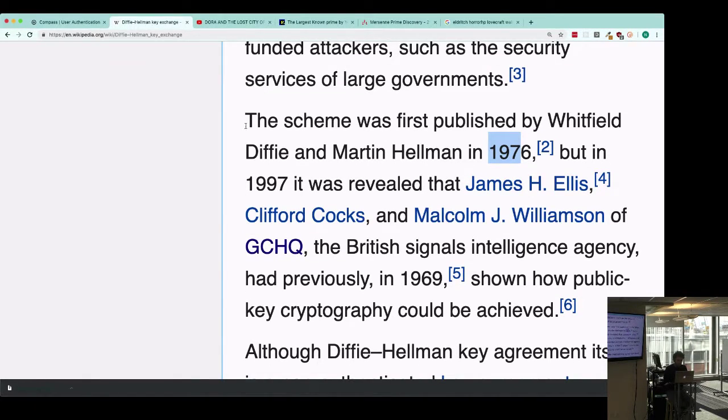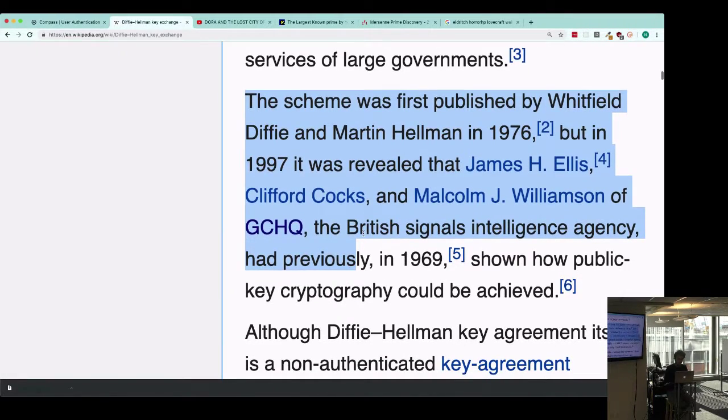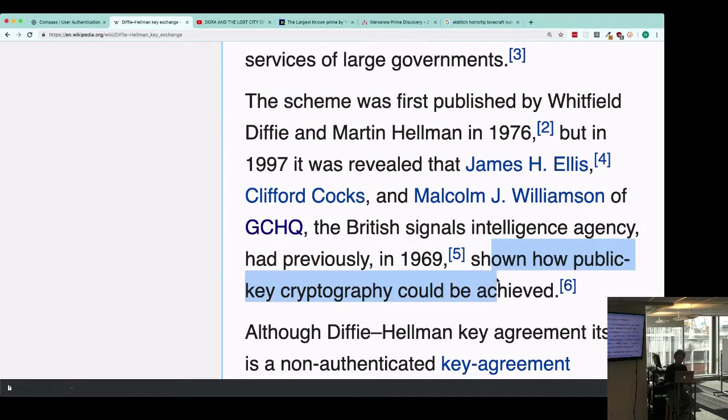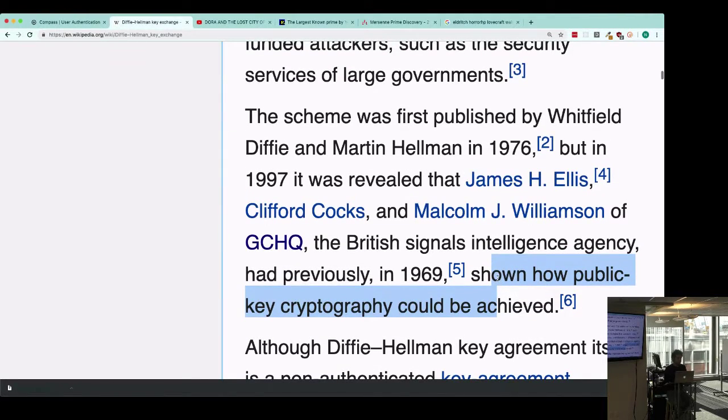But in 1997, it was revealed that James H. Ellis, Clifford Cox, and Malcolm J. Williamson of the GCHQ, the British Signals Intelligence Agency, had previously in 1969 shown that this kind of cryptography here, which I'm going to call public key cryptography, could be achieved. So the Brits, they knew this. They knew this for years. Like genuine years, they knew this math stuff, but they kept it a secret.